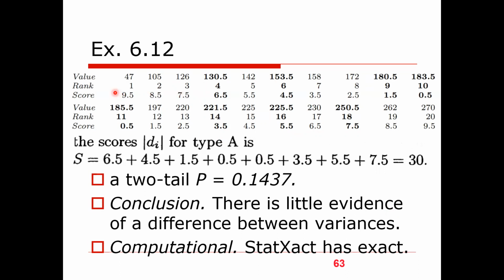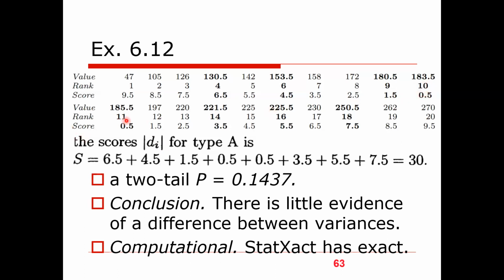So again, we have combined them into one big sample and have the joint ranks just as regular, from smallest to the largest. Then we get their DI or their AB score. For example, the middle one will have very low absolute DI, right?